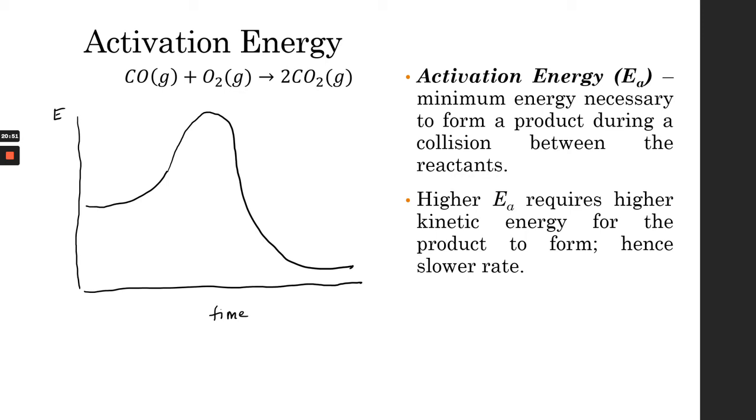If we are looking at our example here, here are your reactants, and here is the product. So the reactant starts at an area with a higher energy compared to the product. Before they reach the product, they have to reach this area first.